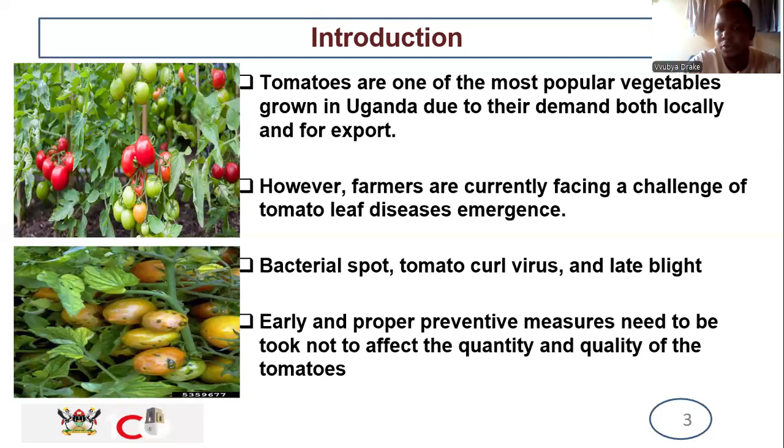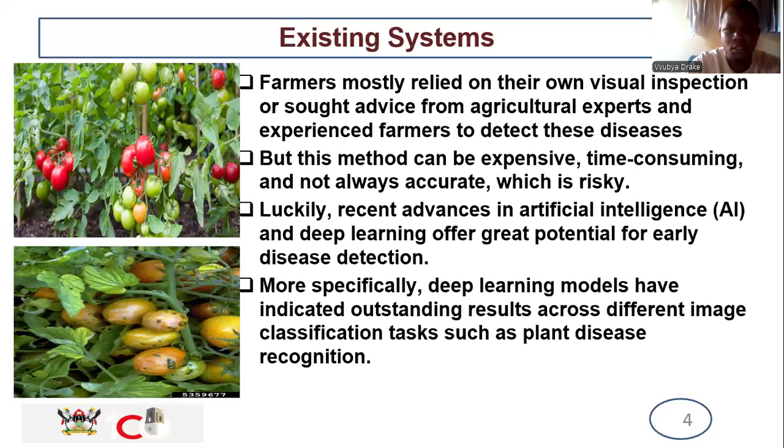So early and proper preventive measures need to be considered for these farmers to continue gaining in the tomato growth business. Farmers mostly relied on their own visual inspections or advice from agriculture experts and experienced farmers for disease detection.